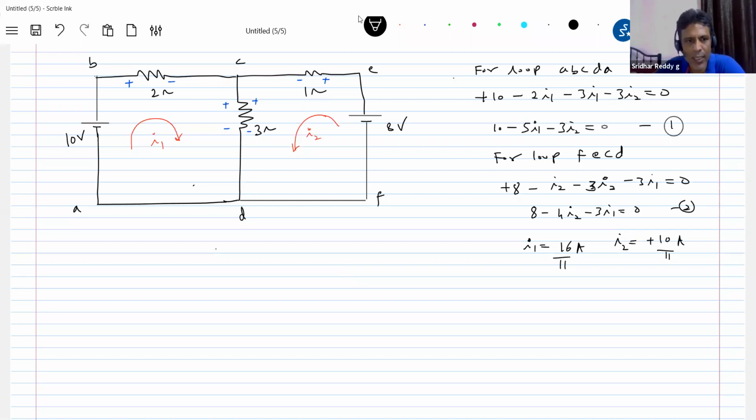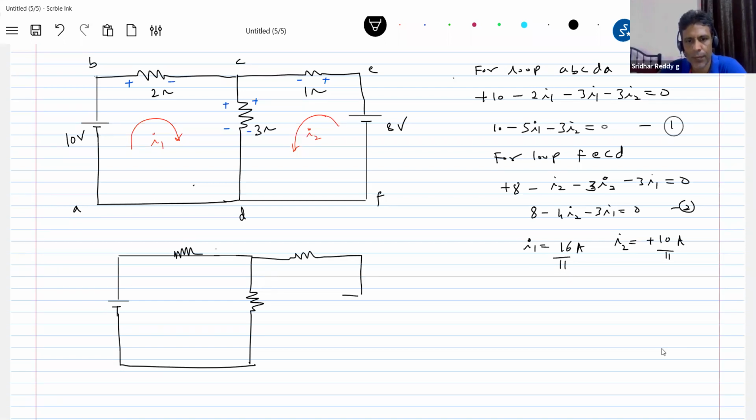So what is the current in each branch? Let's get the branch currents now. This is 10 volt, 8 volt, this is 3 ohm, this 1 ohm, and this 2 ohm. What is the current here?